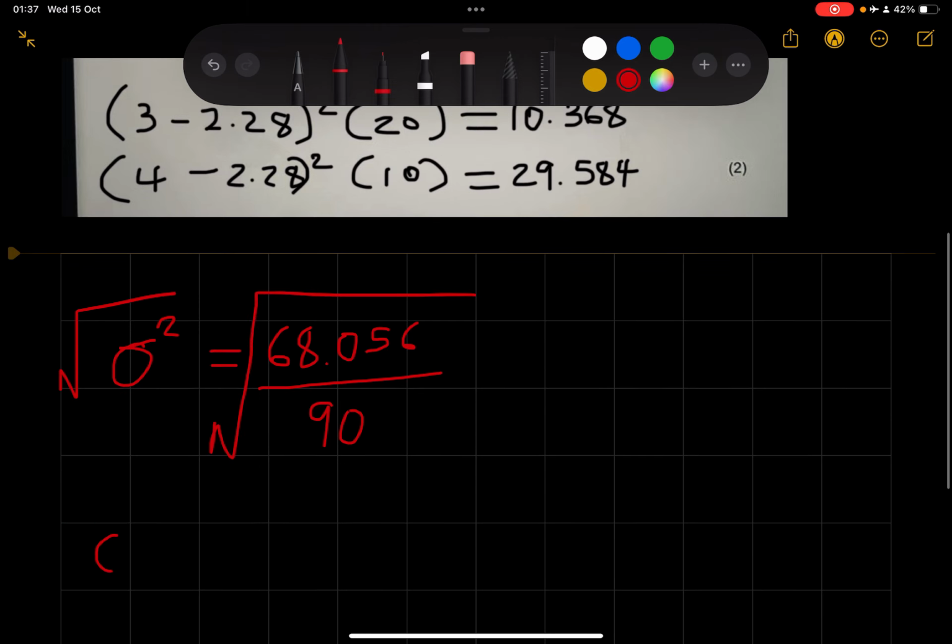And then the standard deviation would be 0.87. So the standard deviation is 0.87 eggs. This means that the number of eggs per seagull varies by about 0.87 eggs from the average, right?